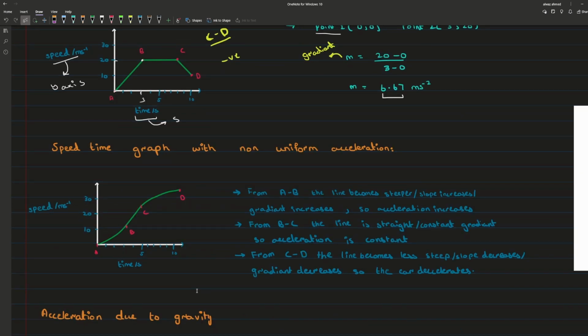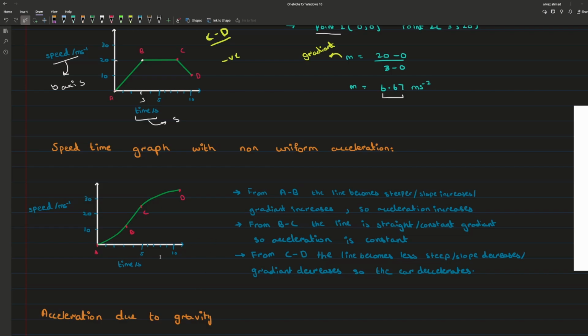Okay, so the previous examples that we did with acceleration in speed time graphs was with uniform acceleration. We assumed that the acceleration was uniform. But what about non-uniform acceleration? Well, the graph for non-uniform acceleration is quite similar to the distance time graph for acceleration.